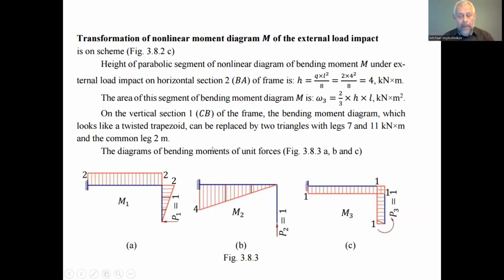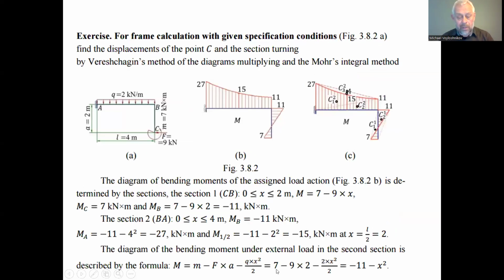By another way, we can use the mathematical equation of the bending moment in the AB element of the considered mechanical system, known from the previous article 3.7. And we can find the middle line of the trapezoid. The middle number of 27 plus 11 is 38, divided by 2 is 19.